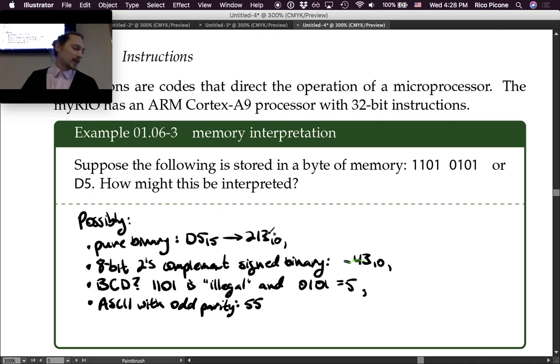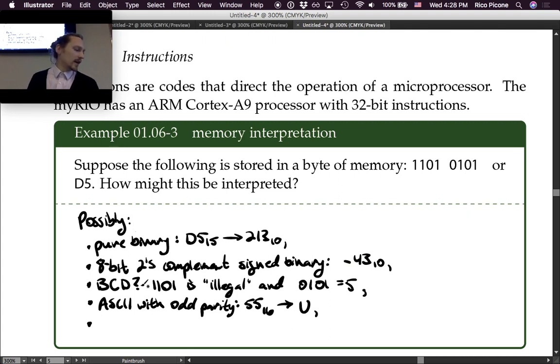So oftentimes you look up an ASCII character in terms of the hex representation of those bits, which is 55. So that would give us the letter U. So the character capital U in ASCII.